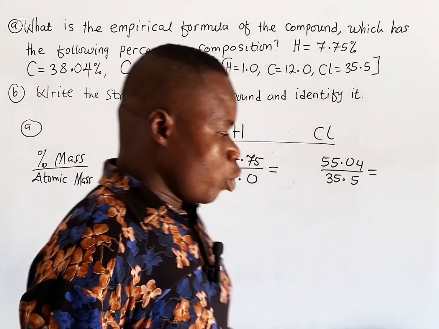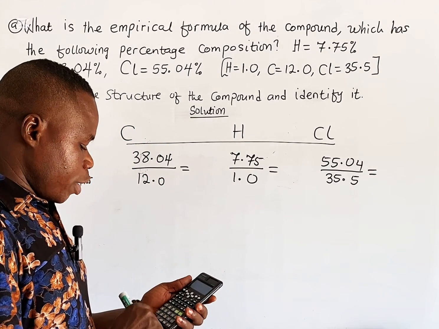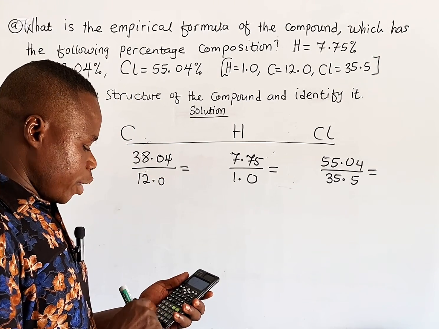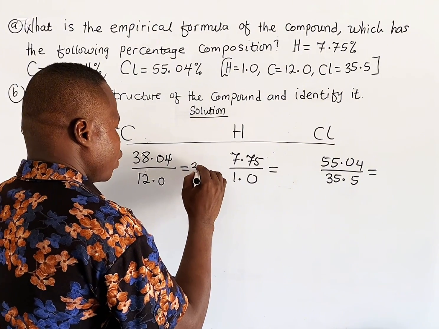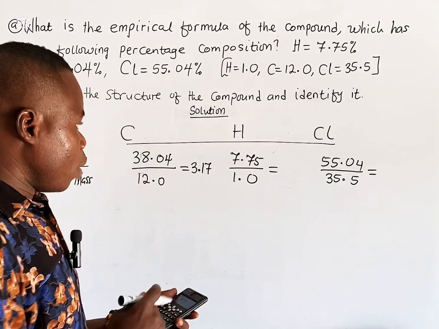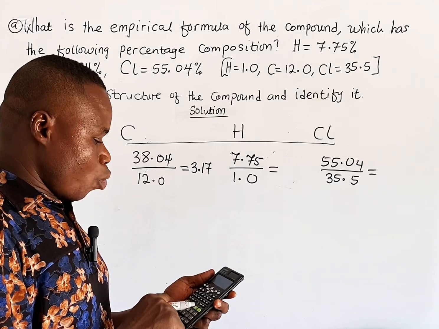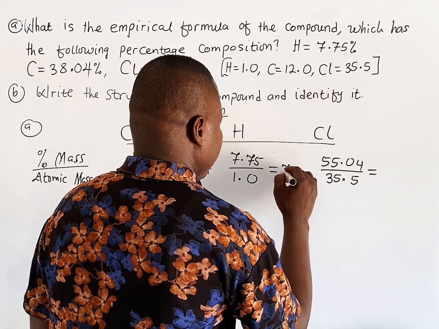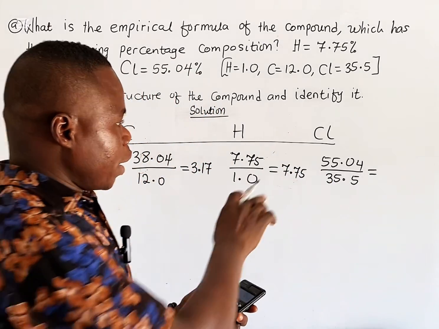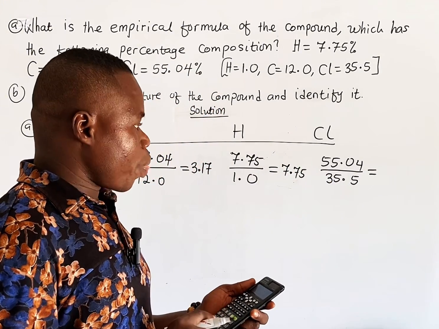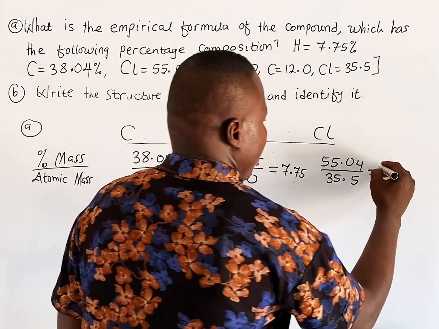Now, let me take my calculator and compute this. 38.04 divided by 12.0, I'll get 3.17. So we write 3.17. Next, 7.75 divided by 1 is the same thing as 7.75. Then this one is 55.04 divided by 35.5. Then I'll get 1.55.